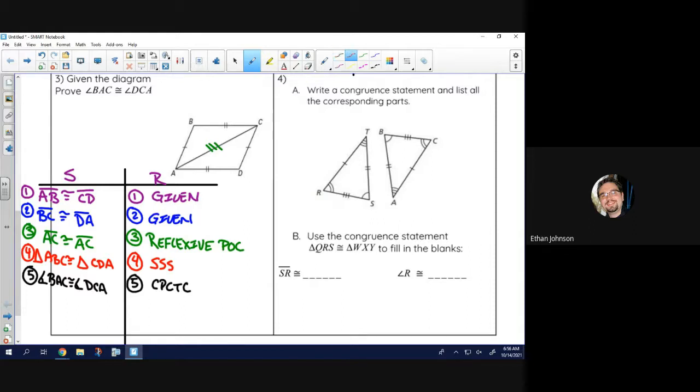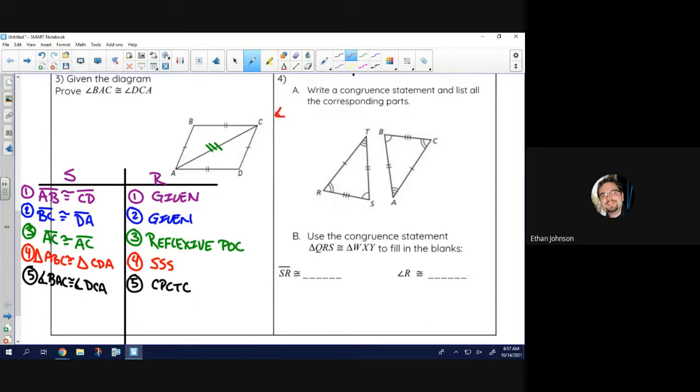Number 4, for A, says write a congruent statement and list all corresponding parts. So this is the one where we have to name all of the angles that are congruent, all of the sides that are congruent. And then remember, the congruency statement is stating the two triangles are congruent. So sometimes it's easier to start off with just the angles.